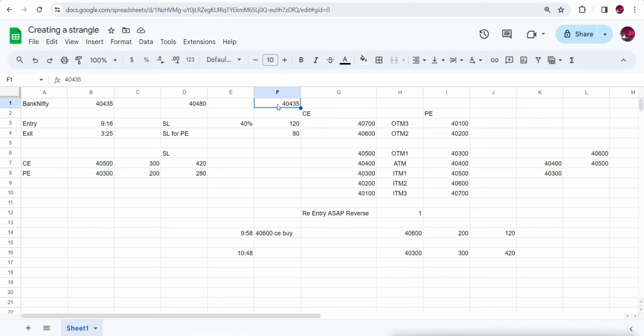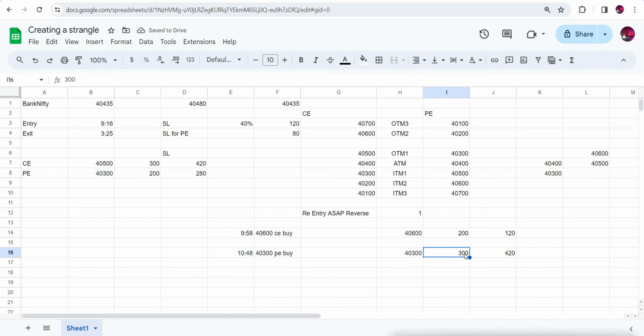So according to that, at the money was 44,400, and one strike out of the money for put option was 44,300. So it will select the 44,300 put strike, but it will reverse put option sell to put option buy. So it simply reverses our initial position.